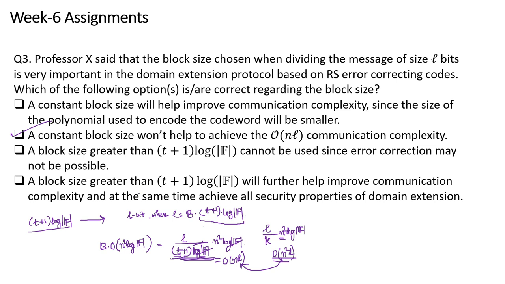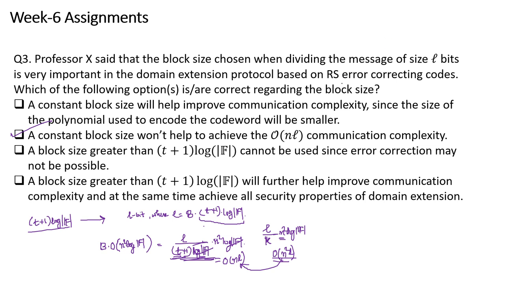That is quite trivial to see, because t plus 1 log f means t plus 1 field elements in the message encoding polynomial. If we take a greater block size, that will make the number of data words greater than t plus 1.